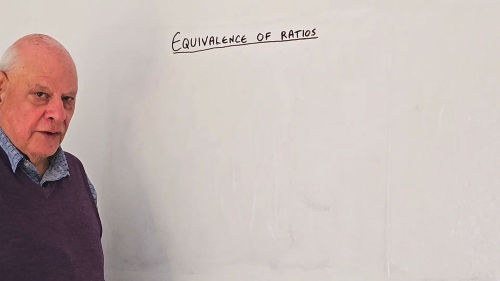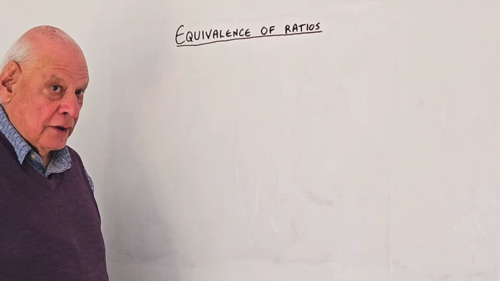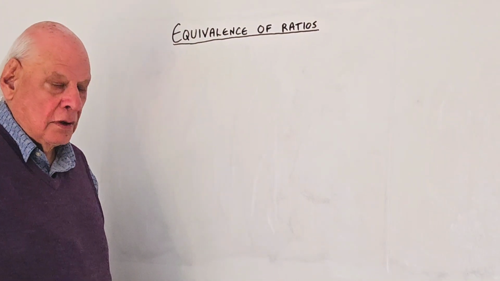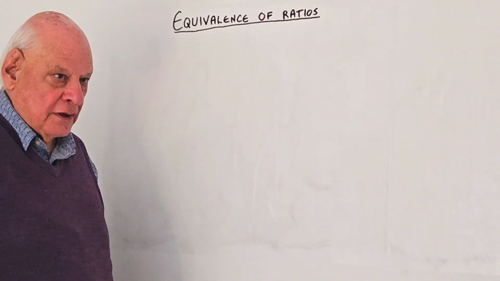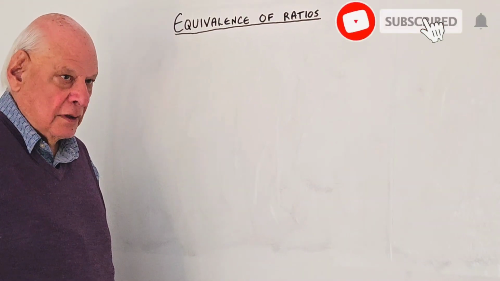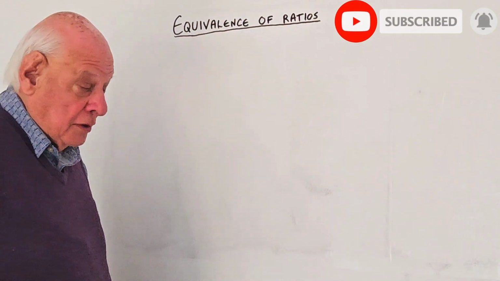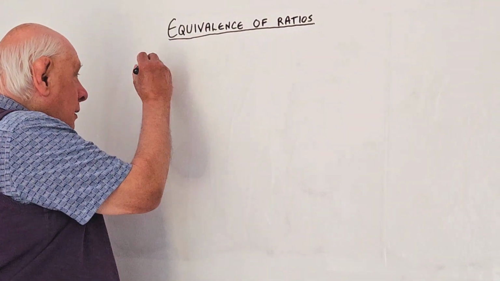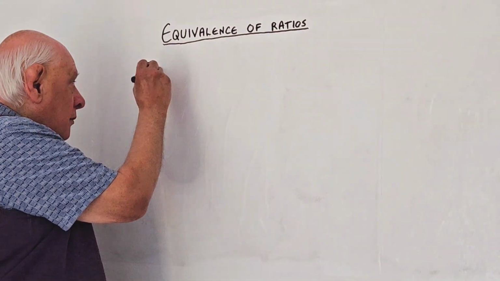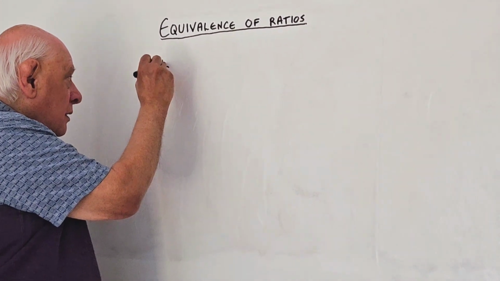I'm going to try and convince you that if the components of a ratio are multiplied or divided by the same number, the ratio does not change. For example, let's take a few ratios here.